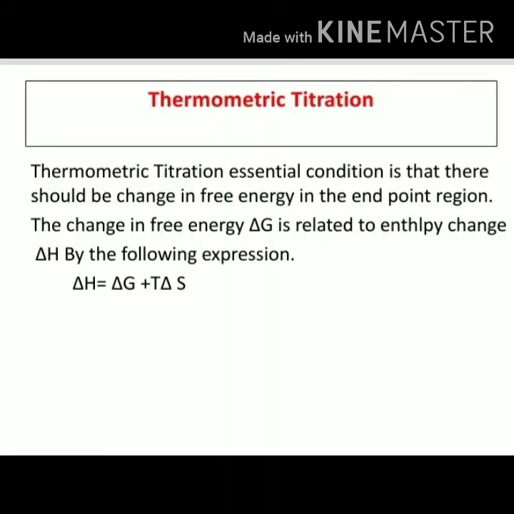Once again, we will review thermometric titrations. In thermometric titrations we measure the heat evolved, or the temperature change, during the titration. When we add acid to the base, neutralization takes place at the end point, with a gradual increase in heat, or heat absorbed or decreased in the reaction.